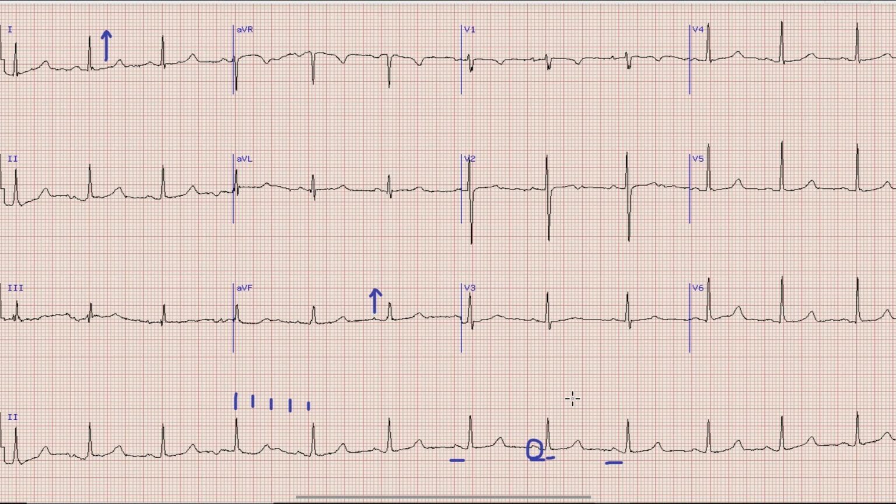We can note that the duration of the QRS complex is within normal limits and it is less than 120 milliseconds. Similarly, in chest leads, the progression of R wave is normal.